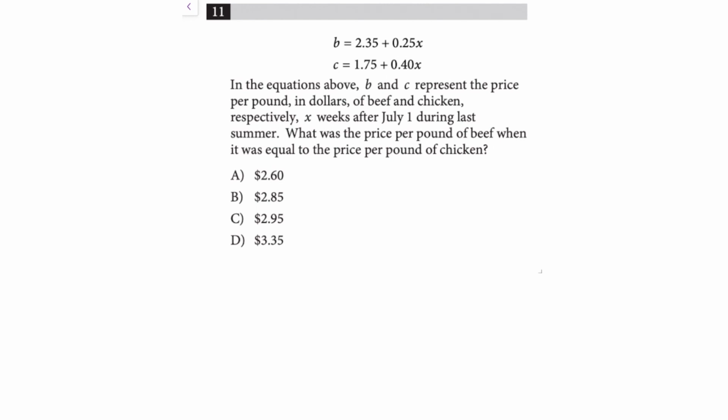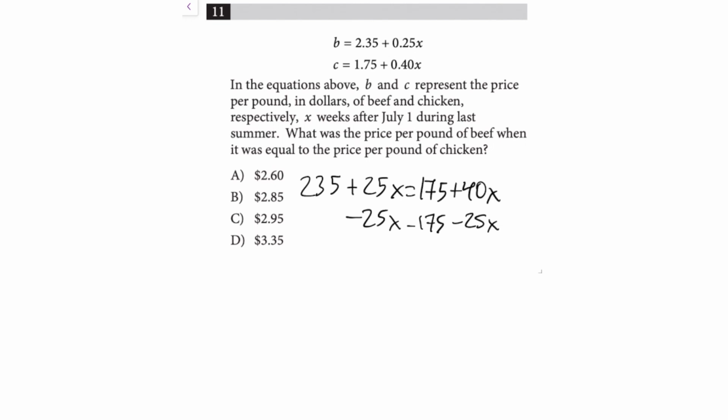So I get 235 plus 25x equals 175 plus 40x. So what I'm going to do is move my variable terms to one side, and my constants to the other side. So negative 25x on both sides, and then negative 175 on both sides. So this is going to give me 15x, because these cancel, and then when I do this, I get a 0, borrow, I get a 6, and that's it.